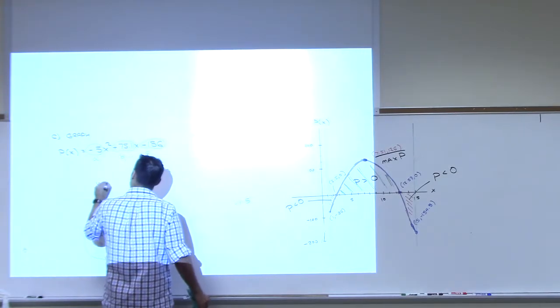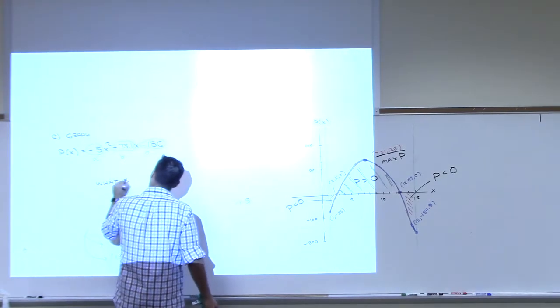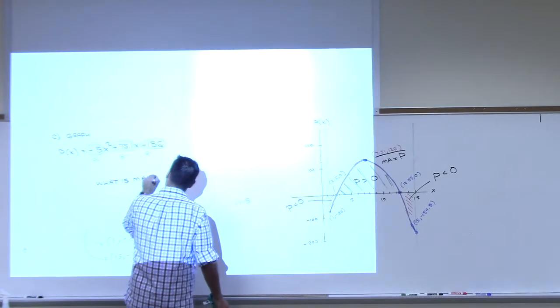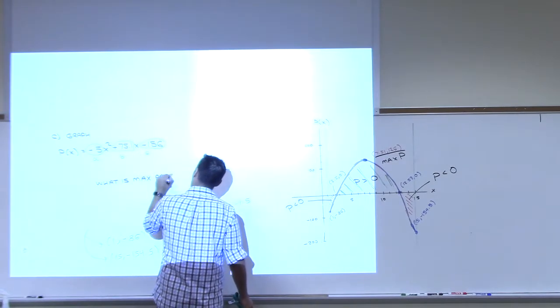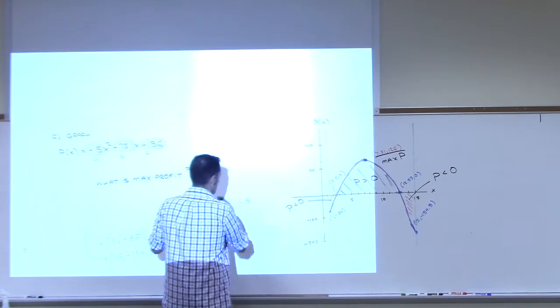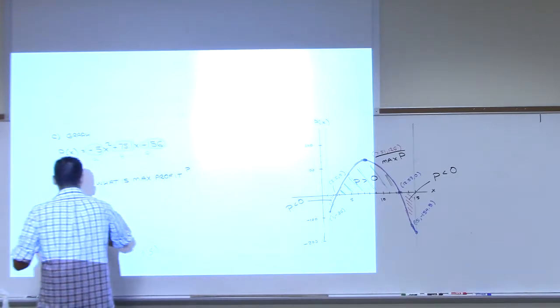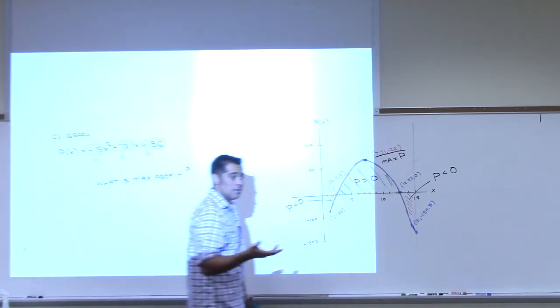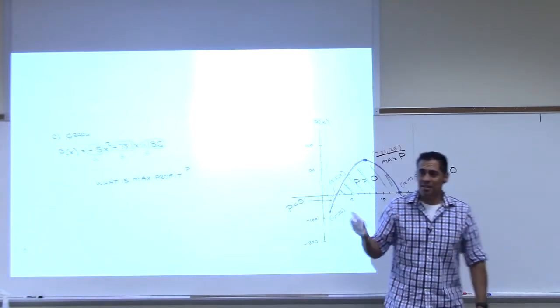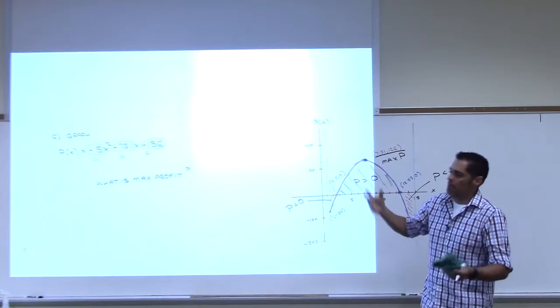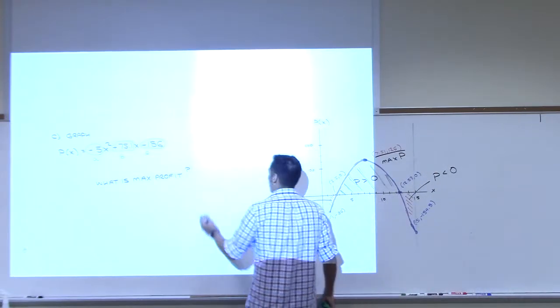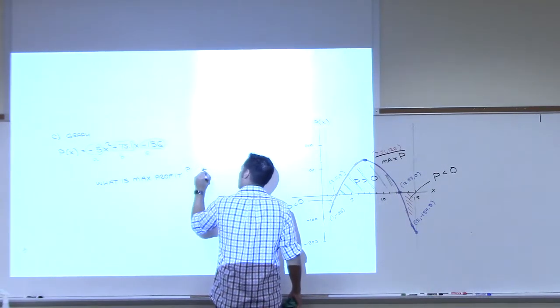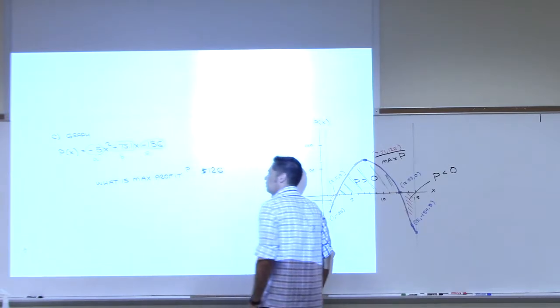So what is max profit? What is it? It's 126. Now, in the word problem, this was in dollars. The price demand was in dollars. So unfortunately, that's not a lot of money, but it's still money, right? So the maximum profit is $126.